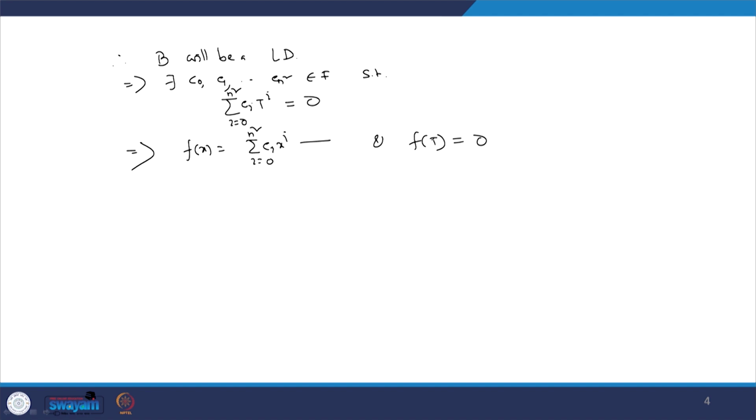Whether this is the least degree polynomial which annihilates T or not, that is the next question. We will soon prove that the characteristic polynomial of the operator T, when T is defined on a finite dimensional vector space, also annihilates the operator T. I will prove it later on. The characteristic polynomial has degree n, which is much smaller than n square plus 1.